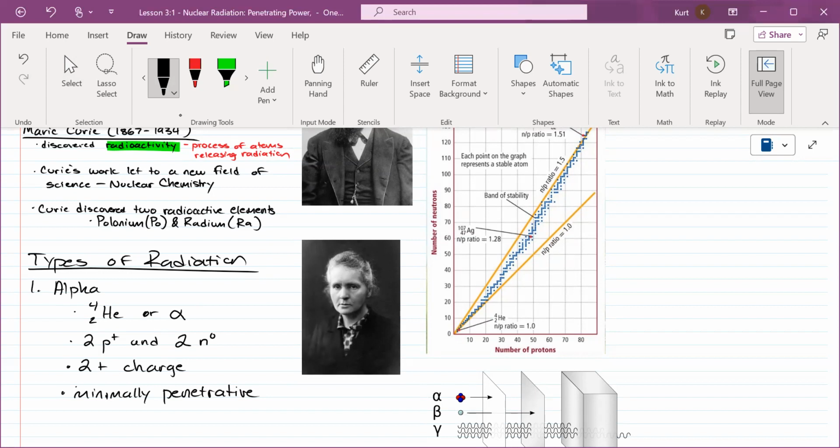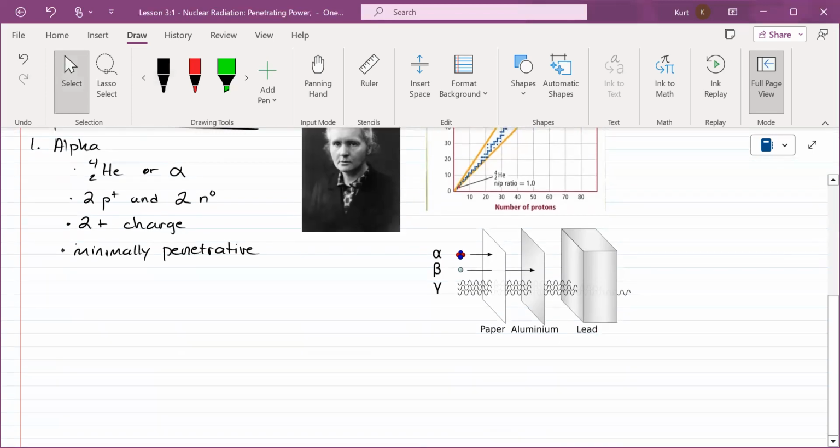Because it is so big, it really can't penetrate anything. I mean, a sheet of paper that you are writing on could stop alpha particles. If somebody had a gun and it could shoot alpha particles at you, let me tell you how you would protect yourself. Just like this. They're so big they can't even go through paper.